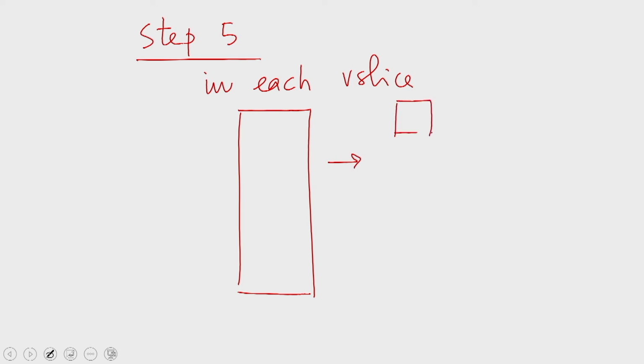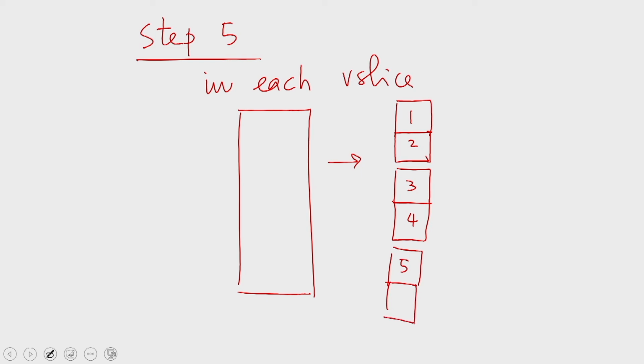The first block and the second block together will form one pair, then the third block and the fourth block will form another pair, then the fifth and the sixth will form another pair, and so on. We visualize every vertical slice as consisting of pairs of blocks in this fashion, and then we will sort each pair in snake-like order.